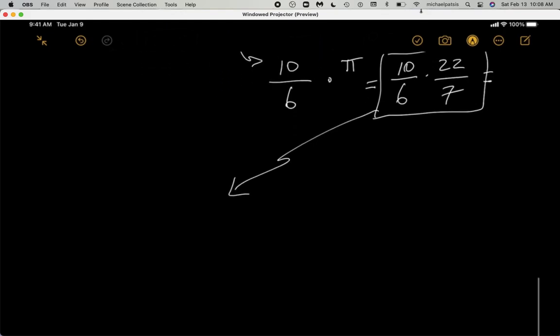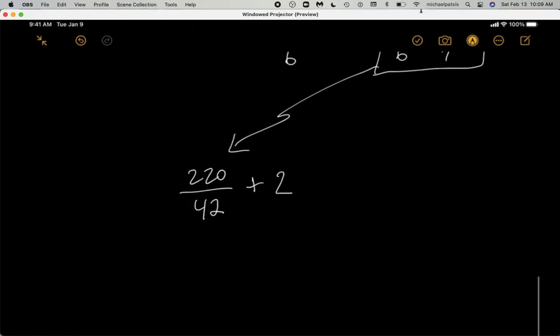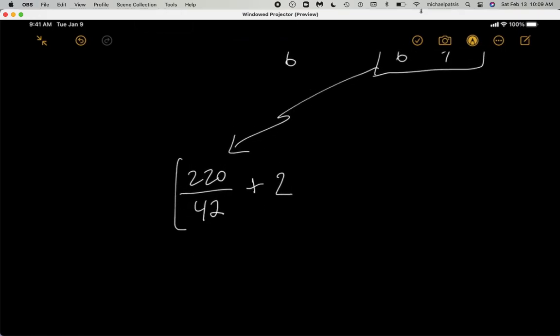And we have 220 over 42. Is that the final answer she wants? He or she wants? Well, actually, we would have to add the 2. Almost forgot about that.